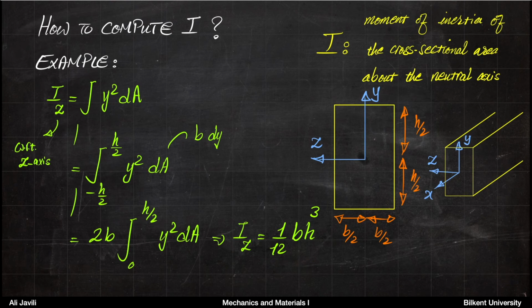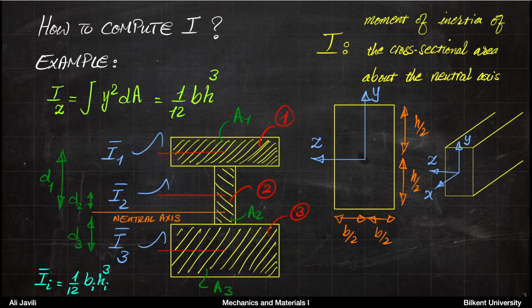Now, you may have another type of cross-section which is just made of different rectangular cross-sections. If you have something like this, the first thing you need to do is to calculate the neutral axis for the whole cross-section.